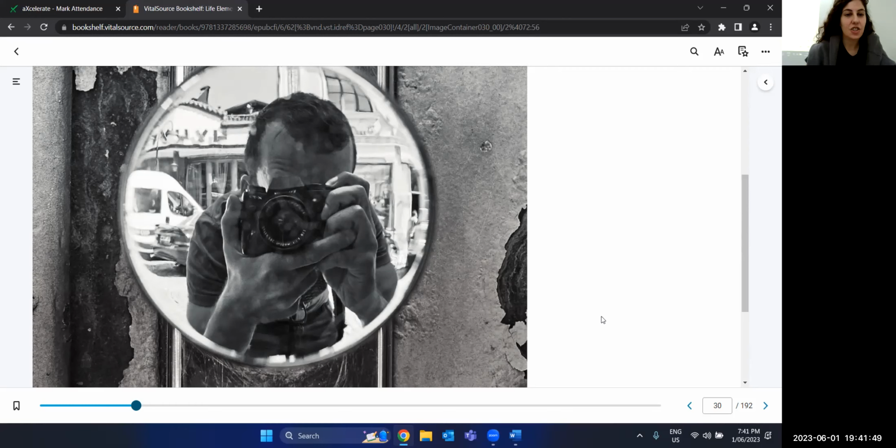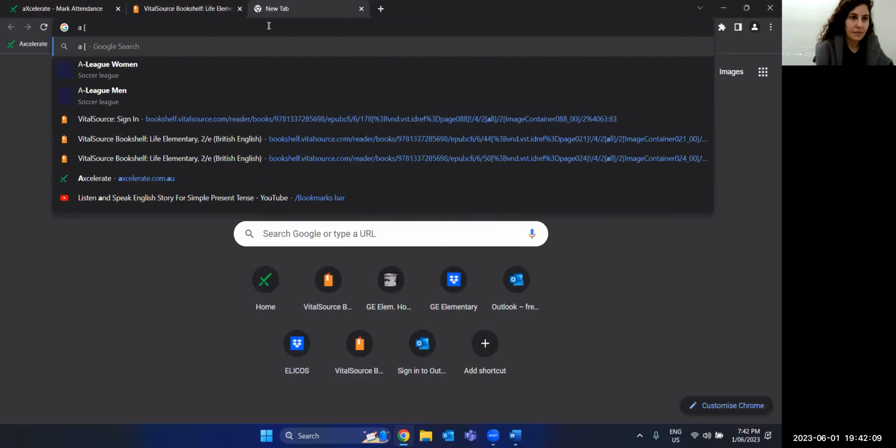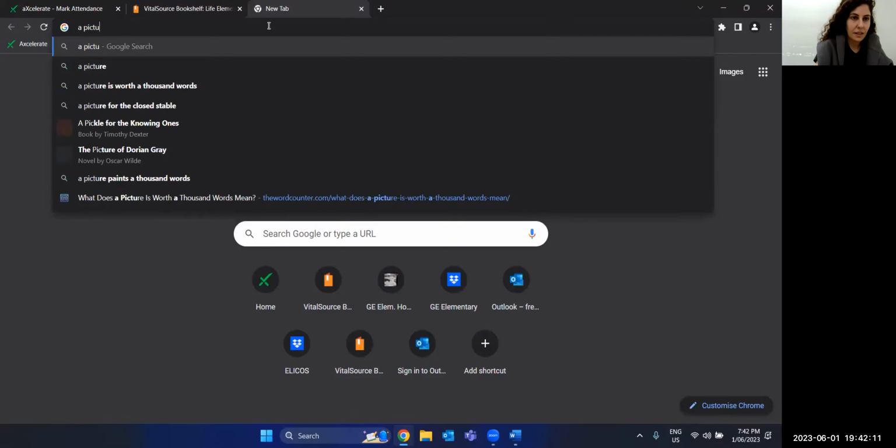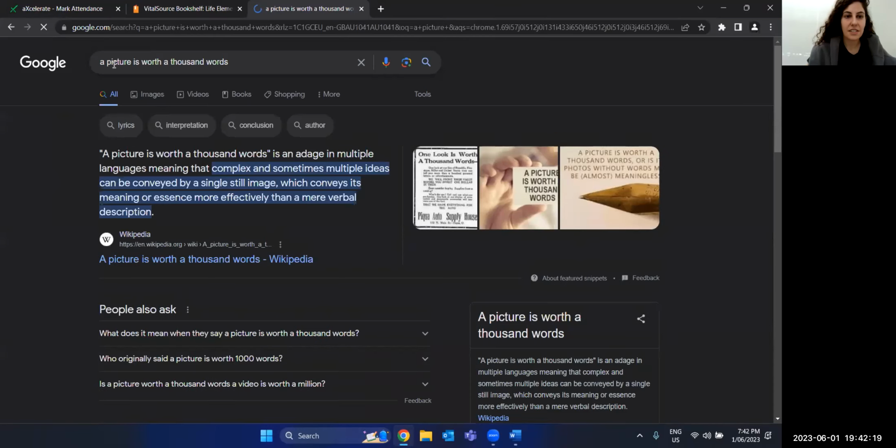So the picture can show you so many things that if you write it, it would be many words, I guess. One photo can show you many things. But if we speak, we might need to say many, many words. So it's a saying, a picture is worth 1,000 words. A picture says, very similar meaning.